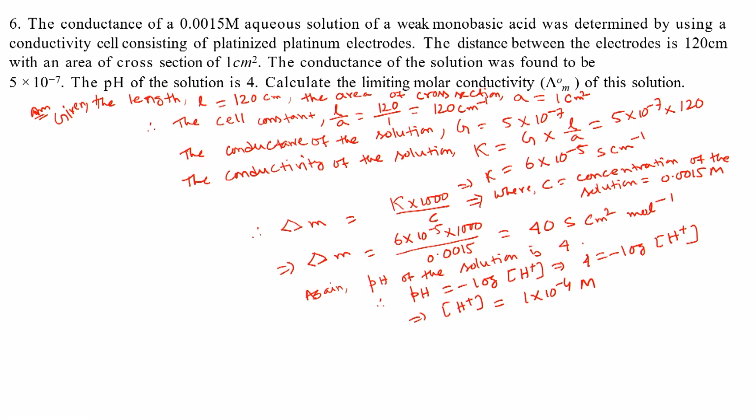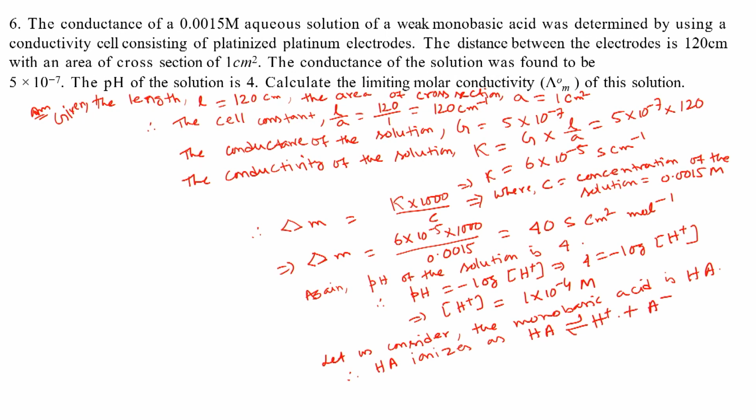Okay. Now this is a monobasic acid. So let us consider the monobasic acid is HA. Therefore, HA ionizes as, HA is in equilibrium with H plus plus A minus, right. So initially the concentration of HA is C, the concentration of H plus is 0 and the concentration of A minus is also 0.